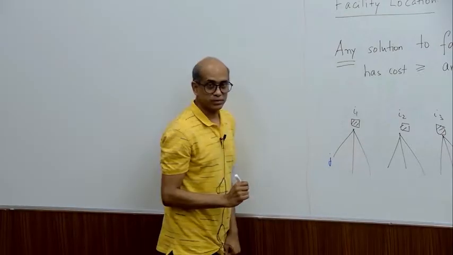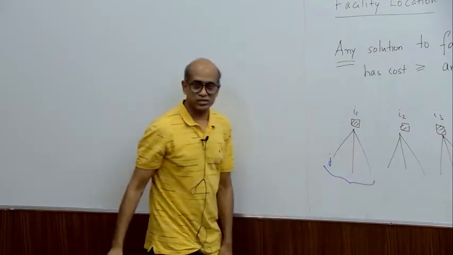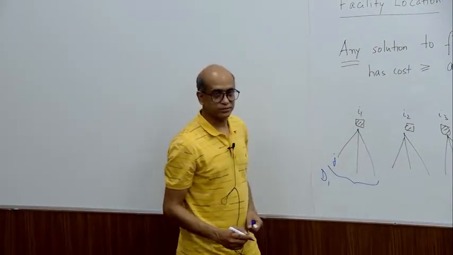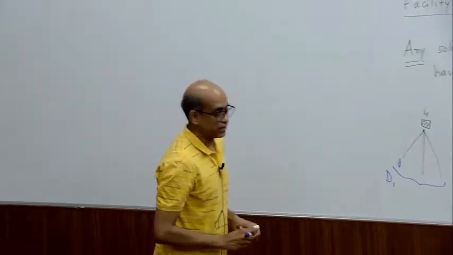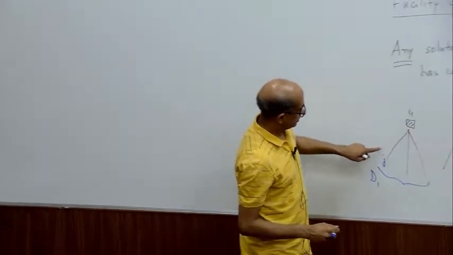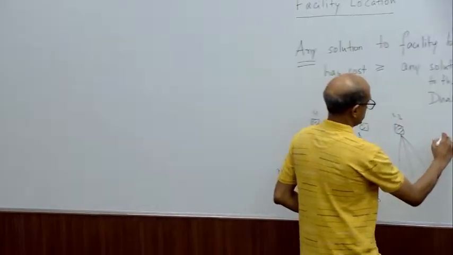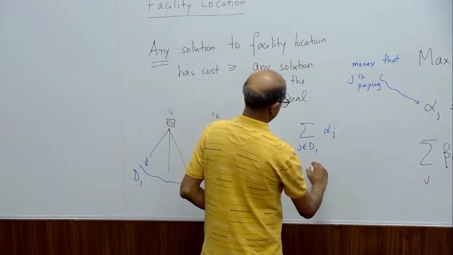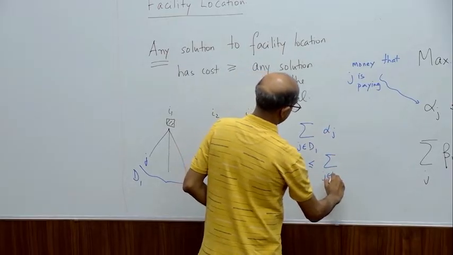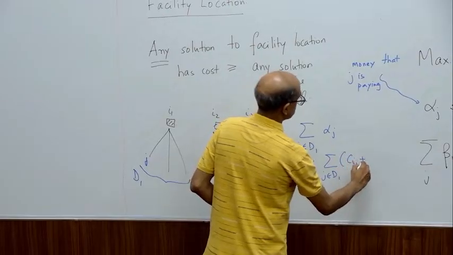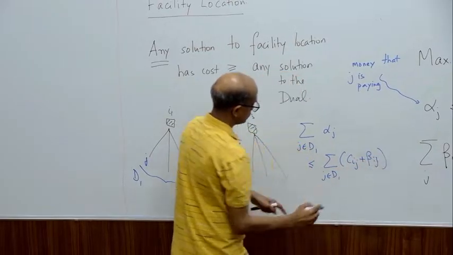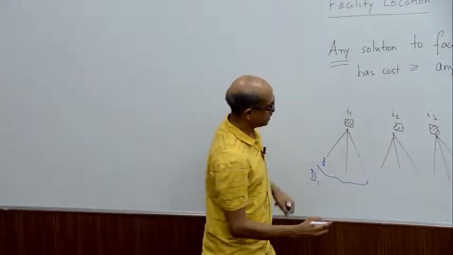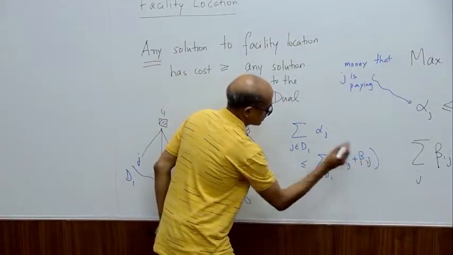Let's add up the total money that these guys have paid. Let's call this set D1. D1 are the demands which are going to i1. So how much money have they paid? If you look at j in D1, each of them has paid at most c_ij plus beta_ij, the travel cost to this facility i1 and beta_i1j.